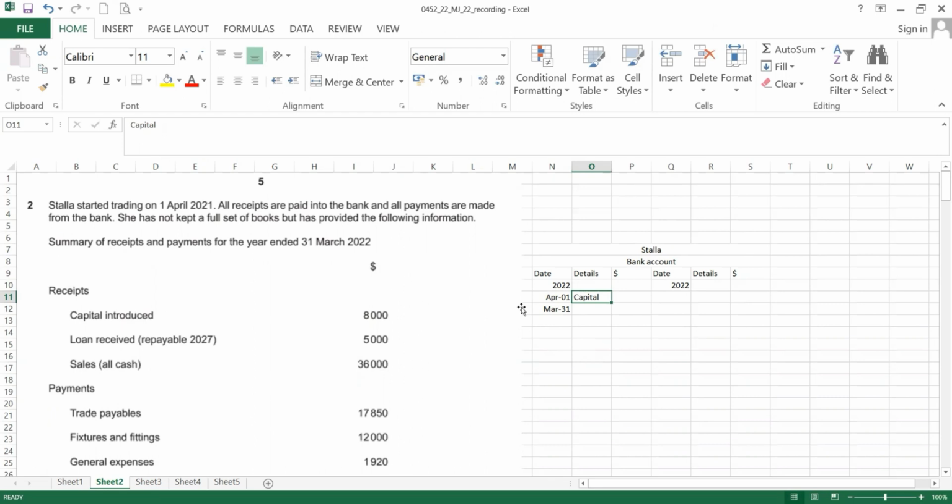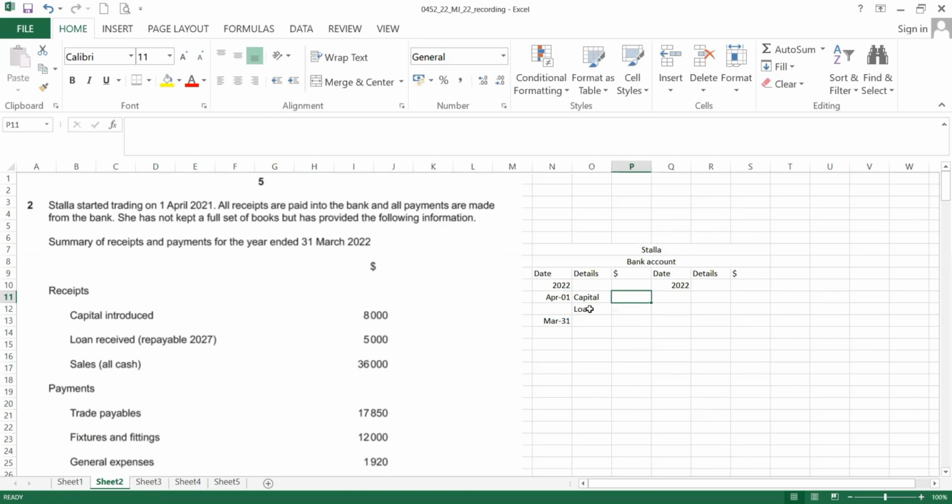And loan received logically should also be on the debit side. So here should be the loan received. This is a bank loan.